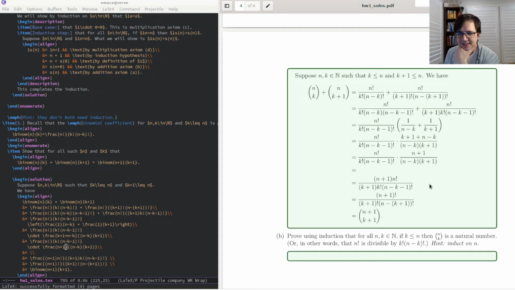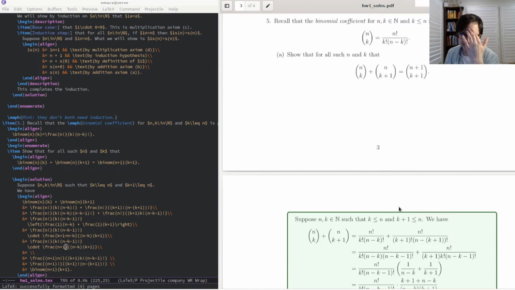Because the problem is, what's popping out on the bottom is just a plain old n minus k factorial. And that is not what we want. Oh. It is what we want. I just am not able to do the right thing.